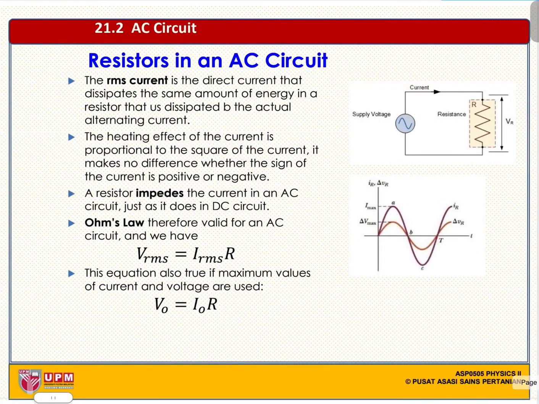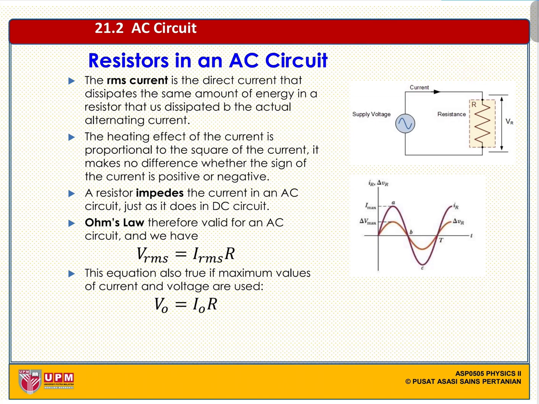Alright. Okay. The RMS in the direct current that dissipated the same amount of energy in the resistor that is dissipated by the actual alternating current. Maksudnya, if you have here, saya dah explain sebelum ni IRMS. Apa itu IRMS?